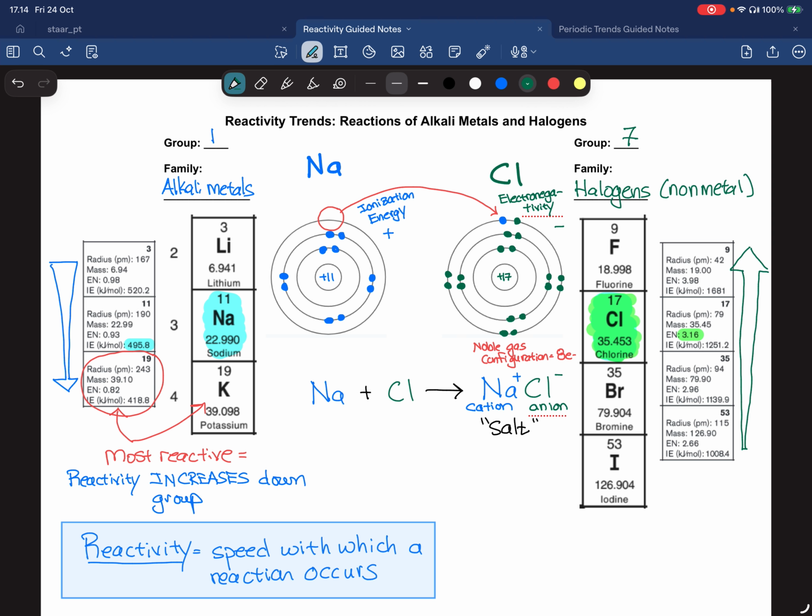And so our most reactive nonmetal is going to be the one with the highest electronegativity, and that is fluorine. Most reactive. And so the electronegativity is highest towards the top, most reactive. And so for the nonmetals, the reactivity increases up the group.